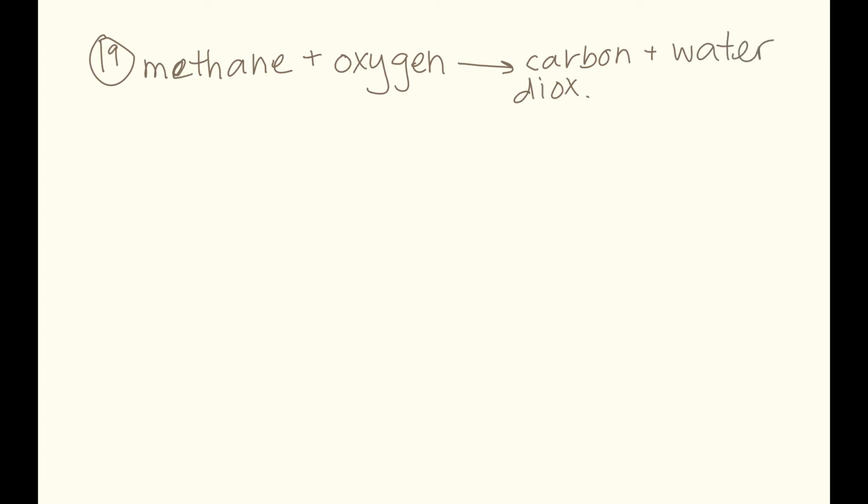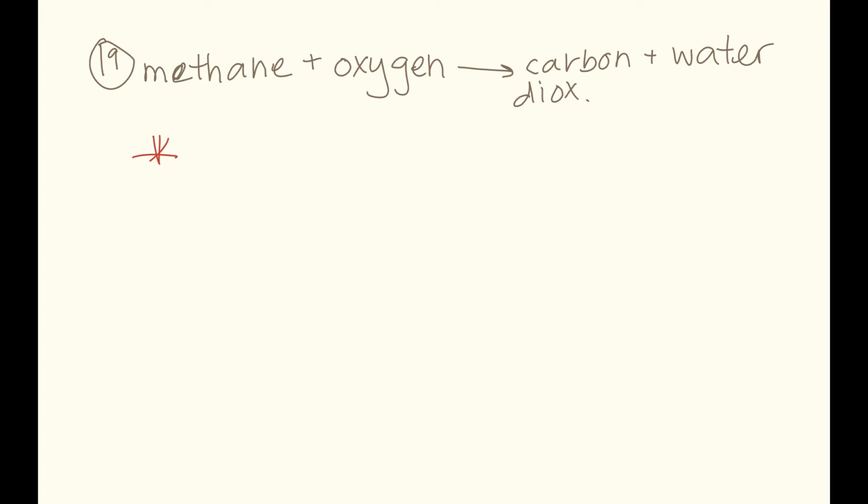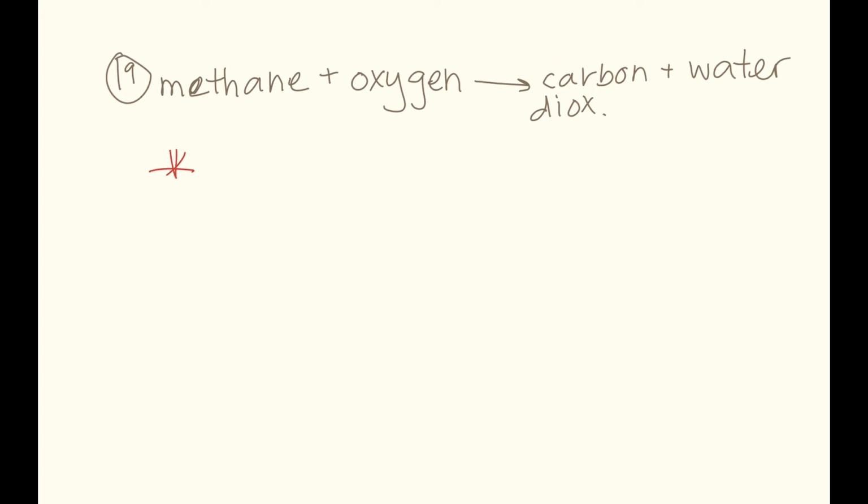Okay, and the principle that you need to know for this problem is the conservation of mass. That means the amount of material that you start with is going to be the same as the amount of material that you end with.